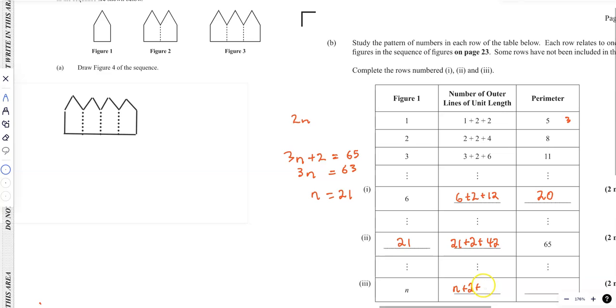So you write 2n. So it's n plus 2 plus 2n. And for this one, because it's going up by 3, it's going to be 3n and it's bigger. This 5 is bigger than 3 by 2, so you add 2. So the nth term for it is 3n plus 2. Okay?